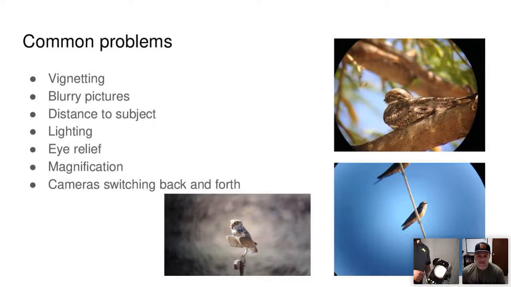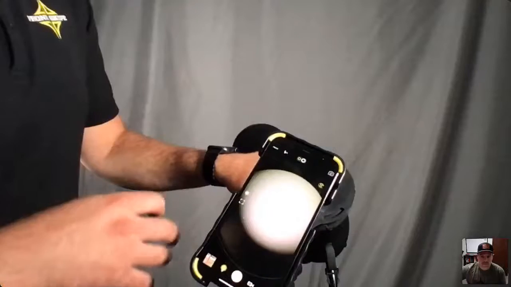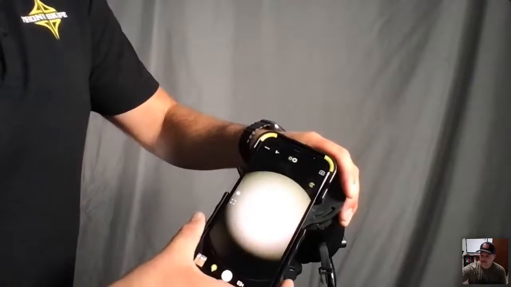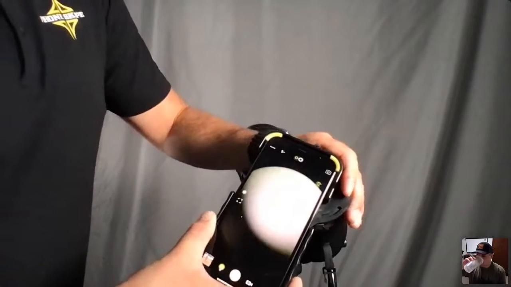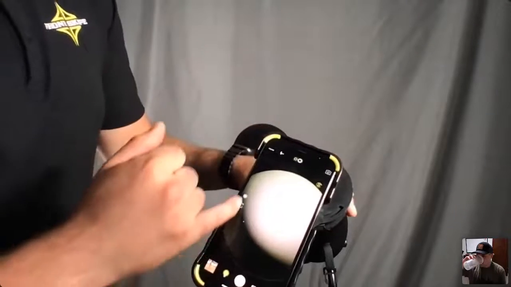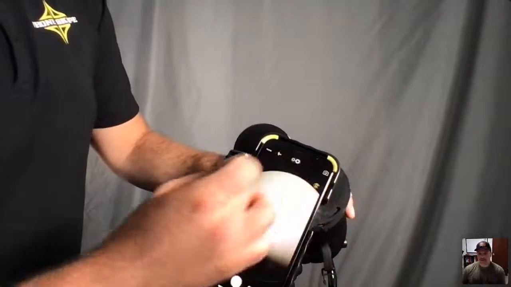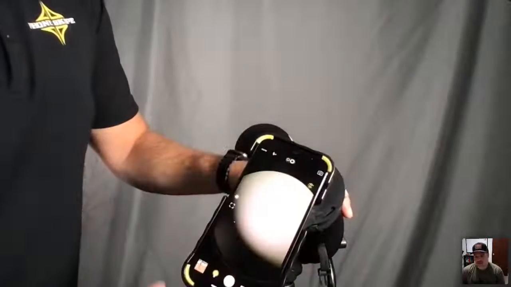Yep. So I'm set up right now, showing the vignette on my phone on the spotting scope. We're just looking at the wall, but you can still see the vignette. See where we've got this black edge? You can see the clear edge of the optic where the phone's looking through.